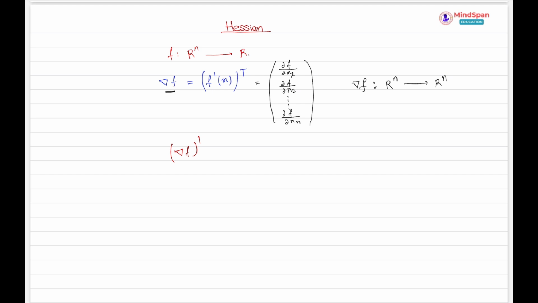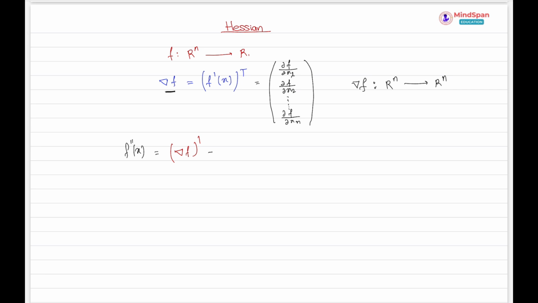And what will be the size in this case? The size of the Jacobian will be n cross n, right? And the first derivative of this is nothing but the second derivative of this function f. So it is nothing but the f double dash x, right?